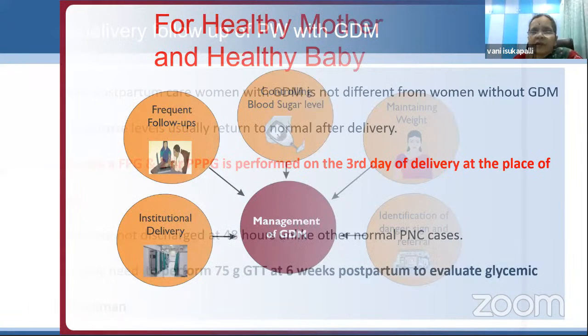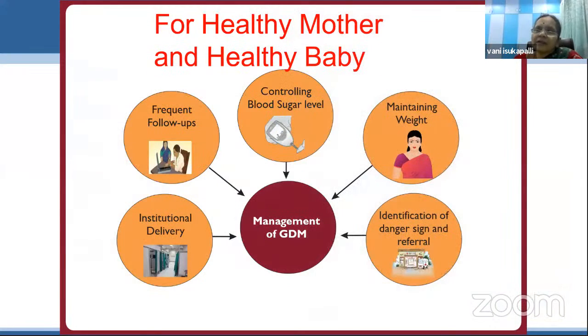So therefore, the management of diabetes is simple and easy to practice. Only then will we be producing a healthy mother and a healthy baby. But with a few tips. What are these few tips?